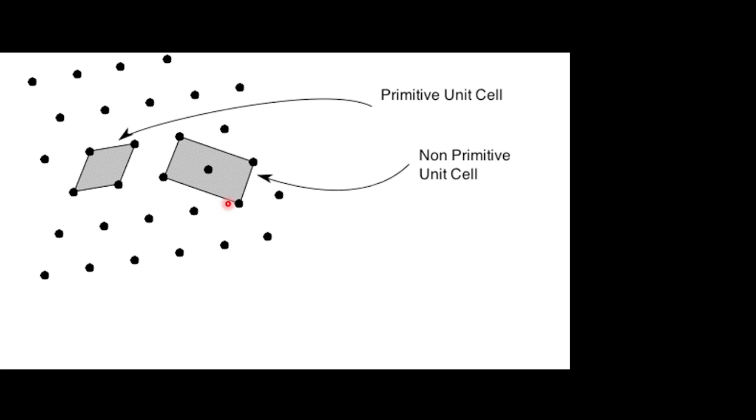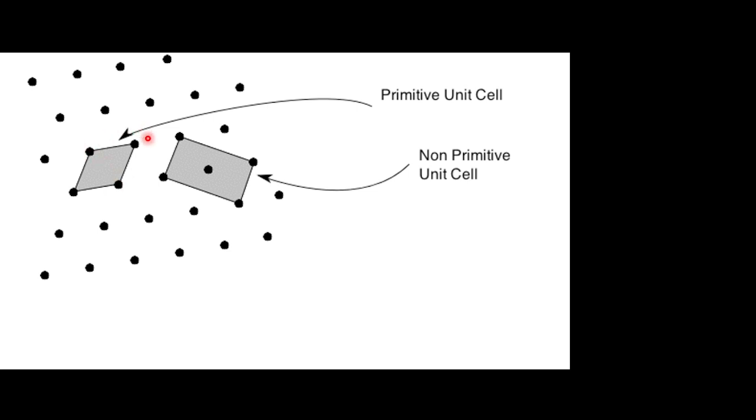So, this right here is a primitive unit cell. This would be a non-primitive unit cell. It could be several different things. This is probably either face-centered or body-centered. Since we're looking down, we can't really tell, but we'll get to the next ones in just a bit. Primitive unit cells don't have anything but the vertices defined. See that?